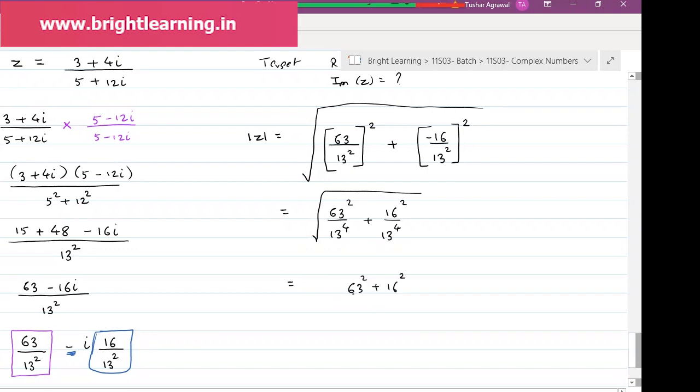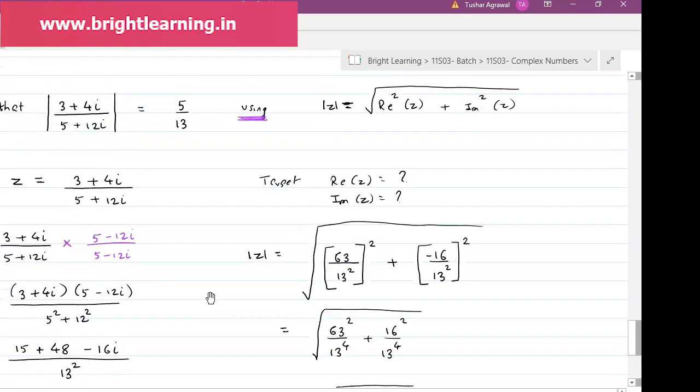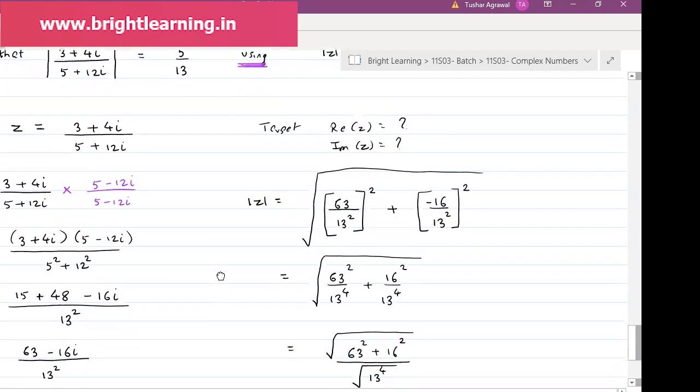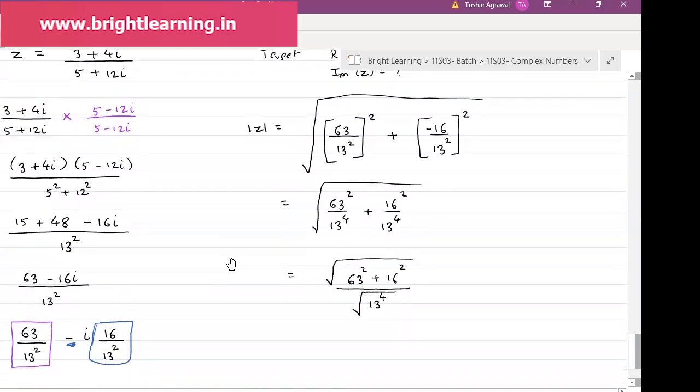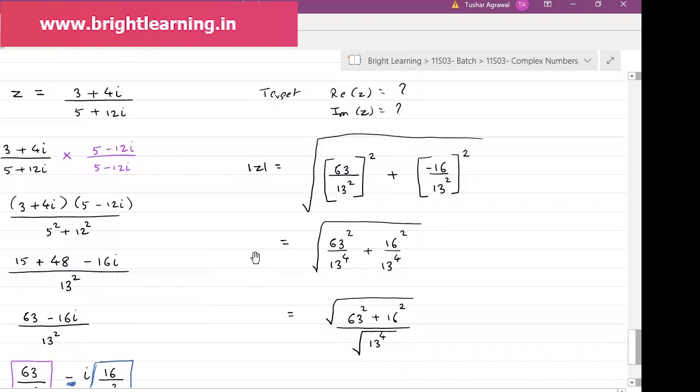Numerator under root upon denominator under root. Some mistake we made. Just one second.